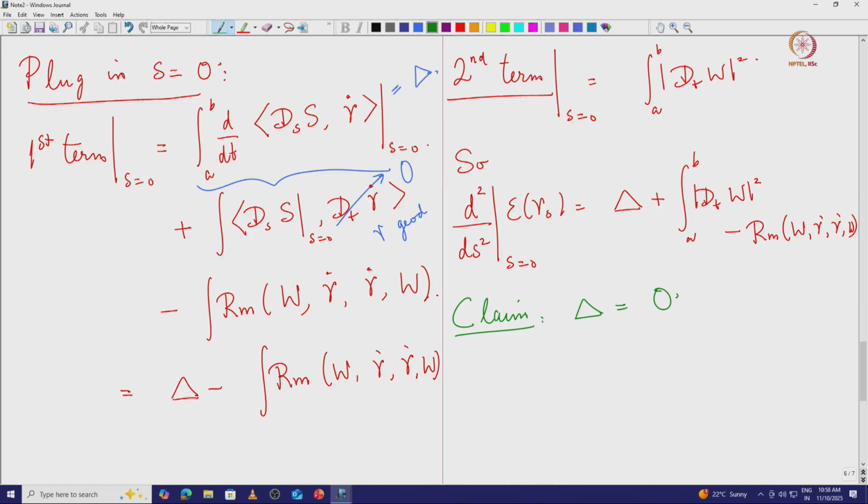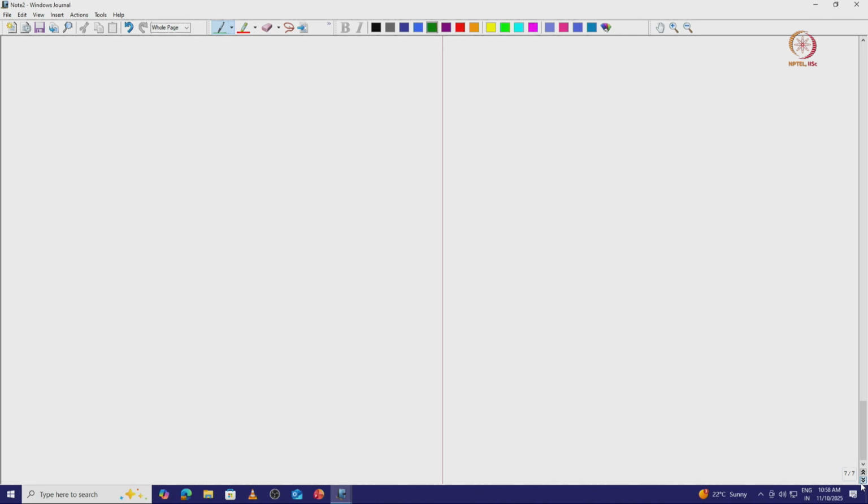So then I would have proved the second variation formula. So why is that the case? Okay, so this takes up a little bit of space, so let us go to the next slide. So let me again rewrite that delta is 0 and let us prove it.